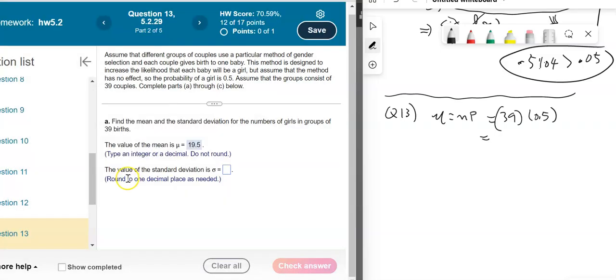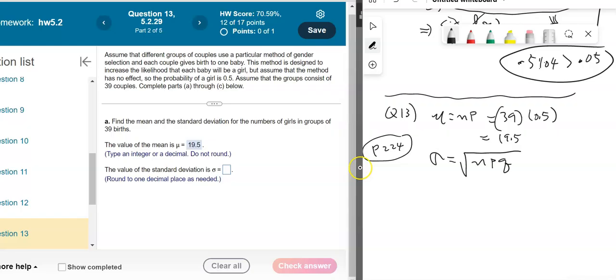The value of mu is 19.5. Standard deviation is the square root of NPQ. I believe this is on page 224. So N is 39, P is 0.5, Q is also 0.5, right?